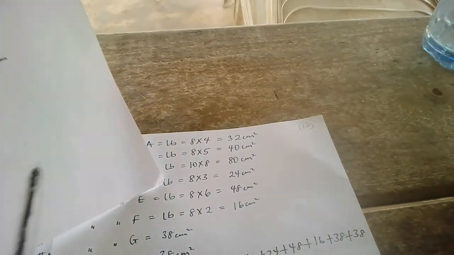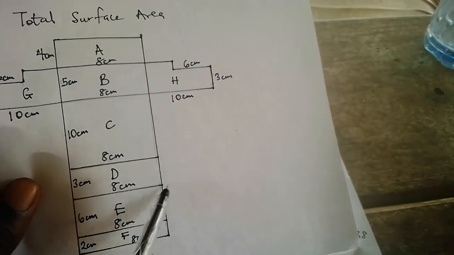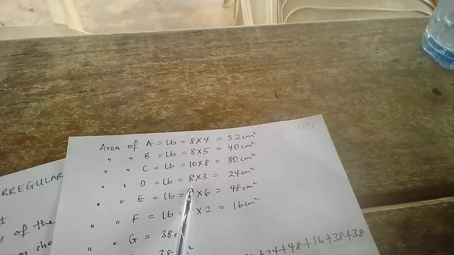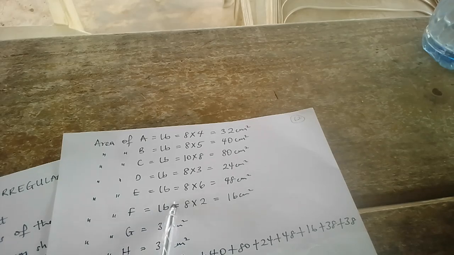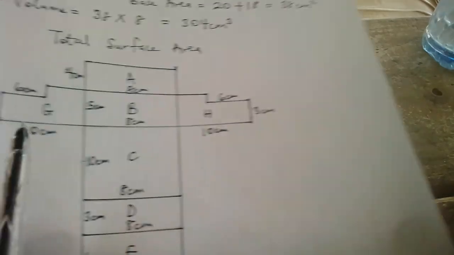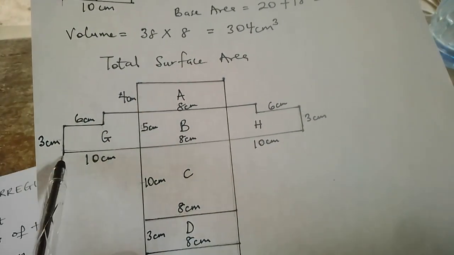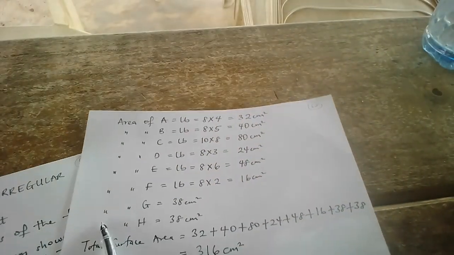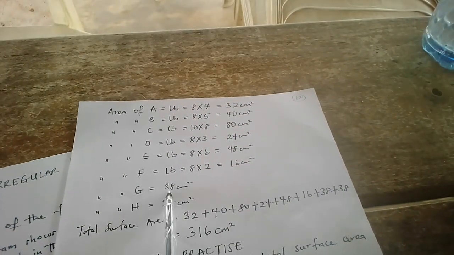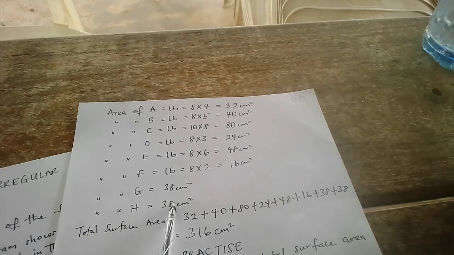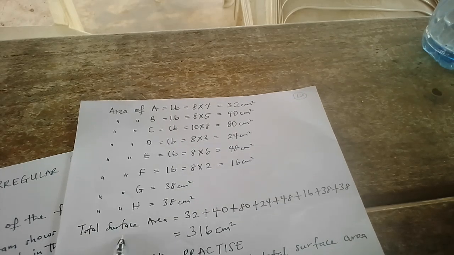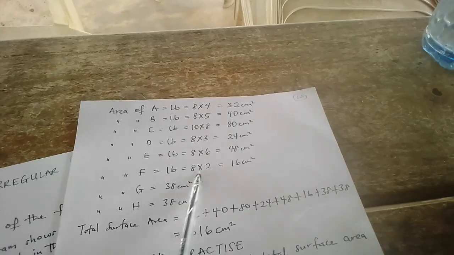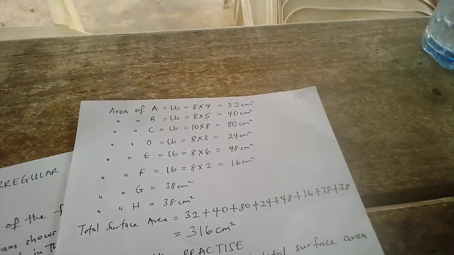Area of D is 8 times 3. So you look for the area of each of it. Then the area of G and H is the area of this face here and this. They are going to be the same, so each of them is 38 centimeters squared. If you now look for total surface area, you add everything together. It will give us 316 centimeters squared.